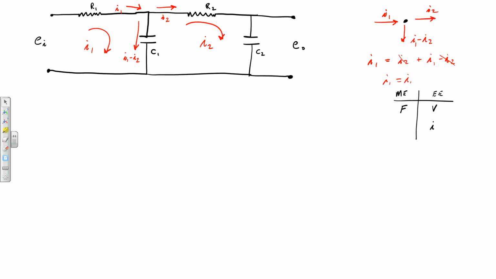Force creates motion. Voltage creates the flow of charge, I'm sorry, that's what I should say. And the flow of charge is current, and that's really like a velocity. I'll call it VEL, velocity, just to make sure we're not talking about the same thing. I'm getting myself confused. Okay?